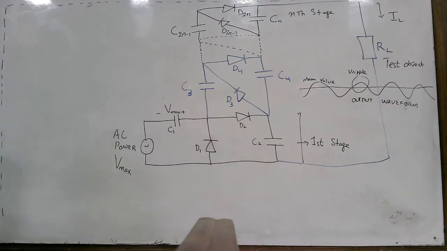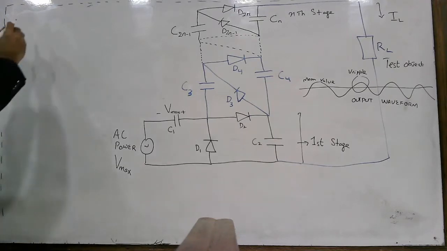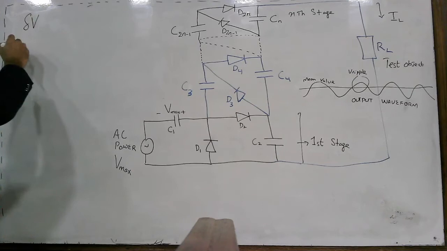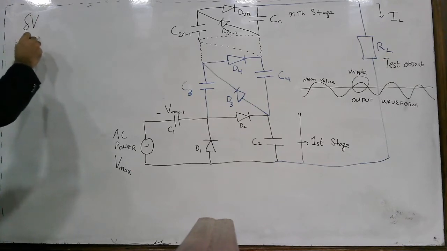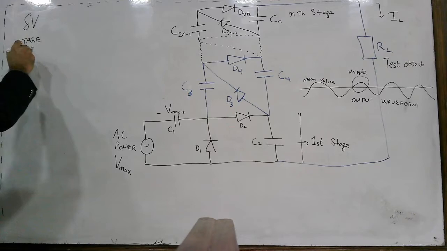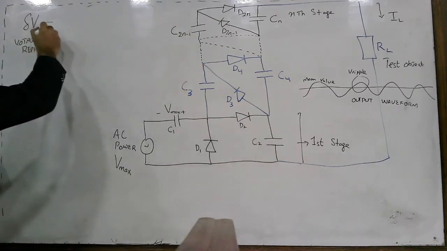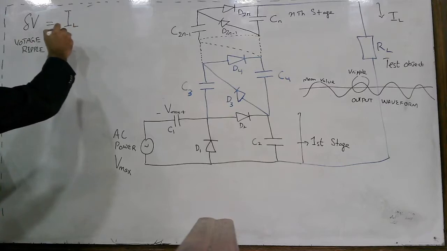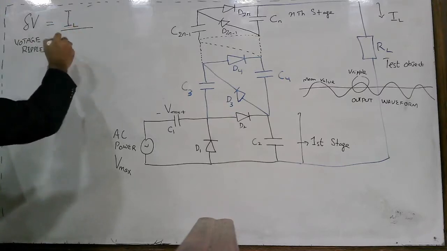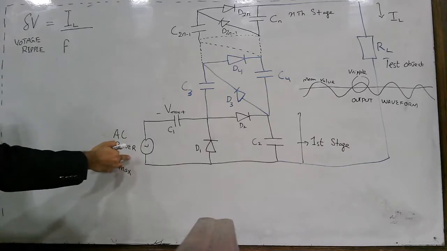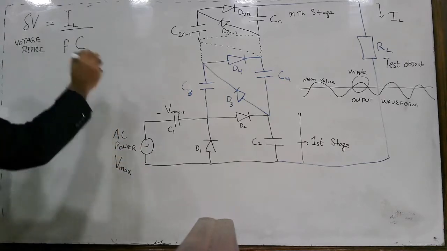So here you have the standard equations for any practical Cockcroft-Walton circuit, and the first equation is about voltage ripple. This equation gives us the value of how much ripple there is in the voltage, and it is equal to the load current divided by the frequency of this AC power source multiplied by the capacitance.